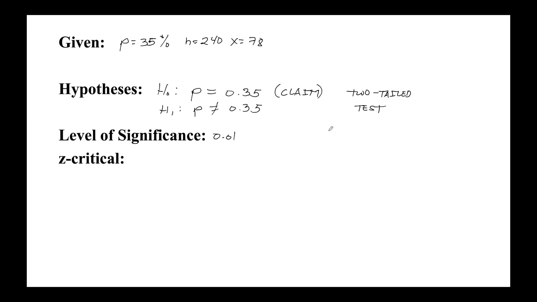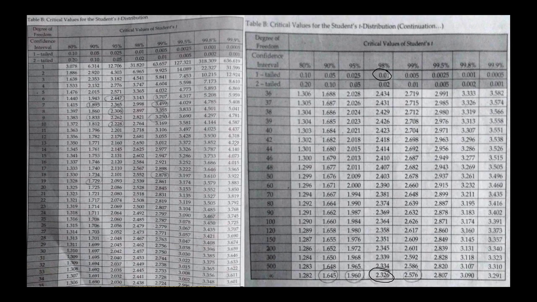So meaning to say, our z critical will have two signs, positive and negative, or plus minus. The question is, ano yung value? Sabi natin dito, we have 0.01 alpha level and two-tailed siya. So let's check on our table, the student's t distribution. 0.01, then two-tailed.